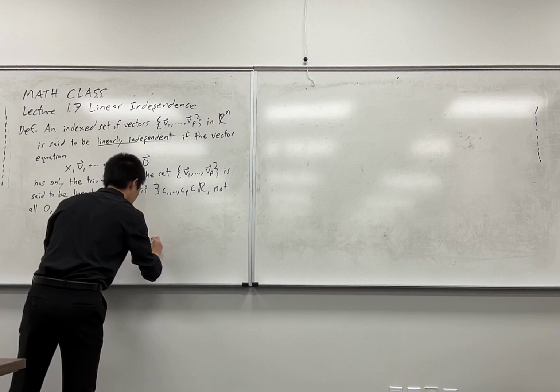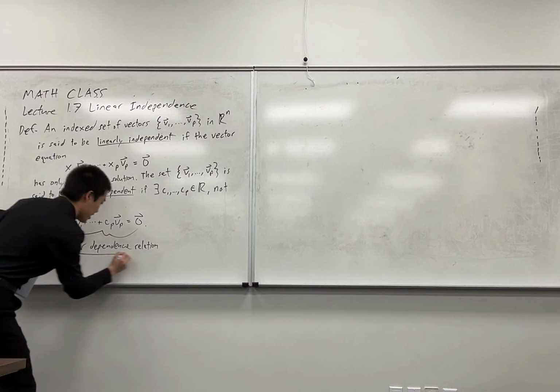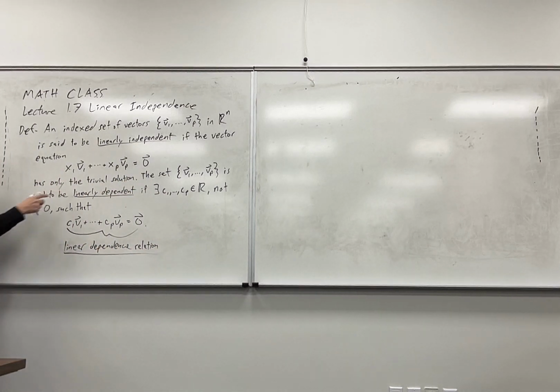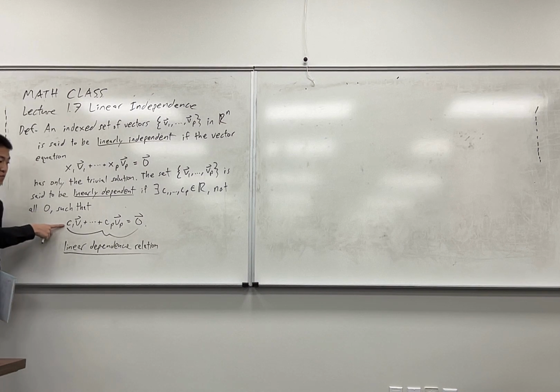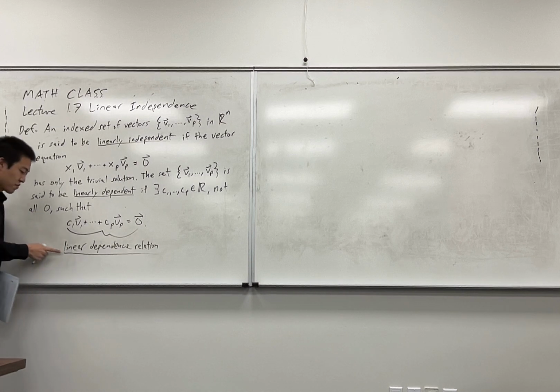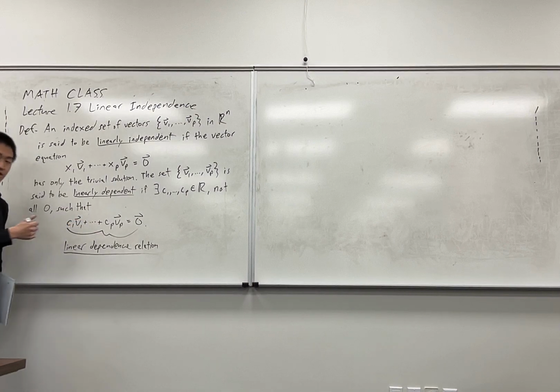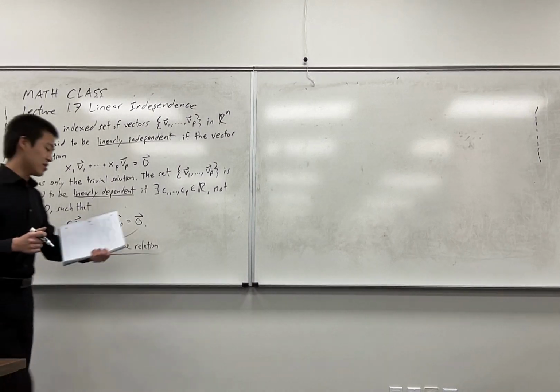In other words, it's satisfying the definition of being linearly dependent, so the actual description of how we know for sure that they are linearly dependent is in itself called the linear dependence relation. Okay, that's theory over there.